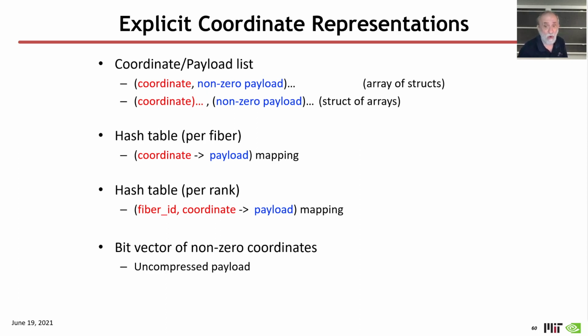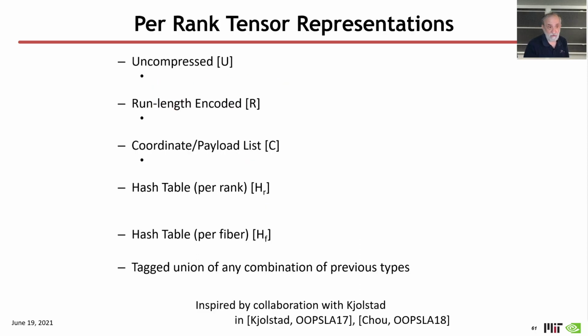So I could have all these choices, and then, inspired by a collaboration with Fred Kjolstad, who in a series of publications talked about the notion of representing tensors by picking representations for each of the ranks of the tensor, you can talk about a little notation for the different representations for the fibers.